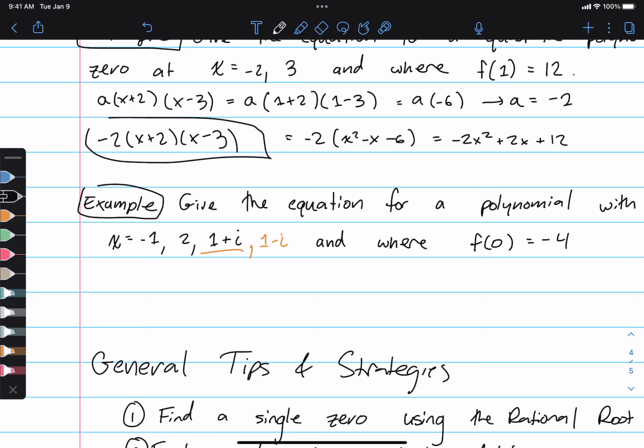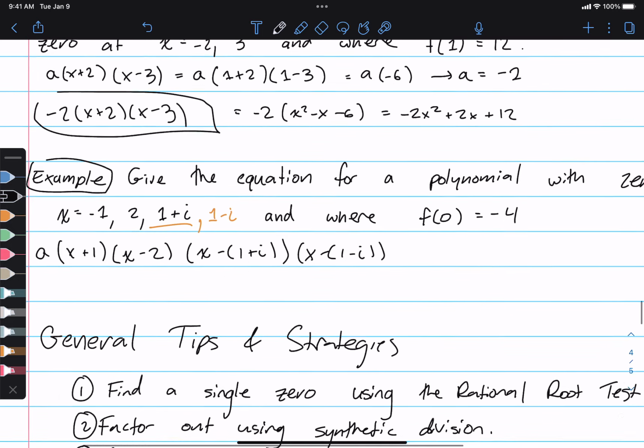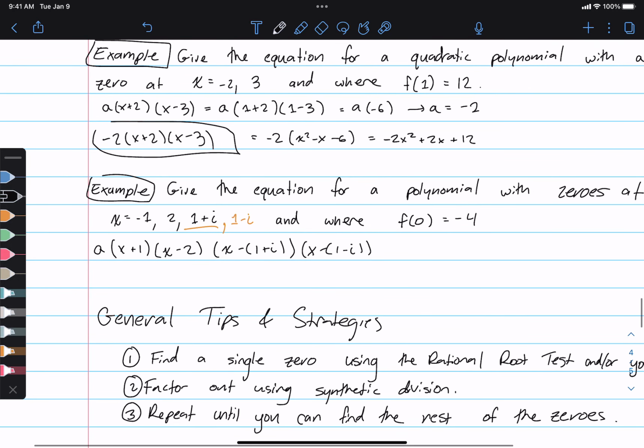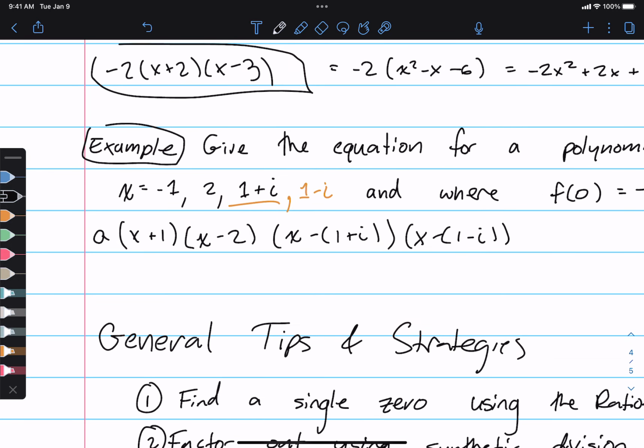So we're going to have a times x plus 1 times x minus 2 times x minus 1 plus i times x minus 1 minus i. And then since f of 0 equals -4, we can just turn x into 0.